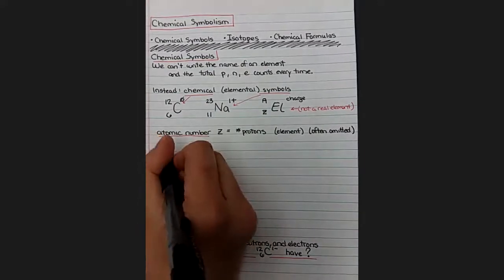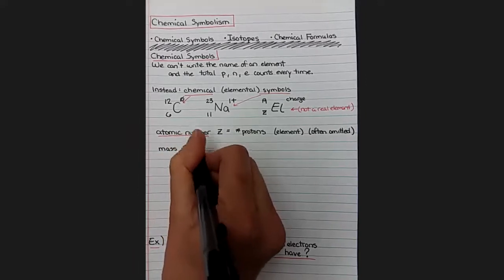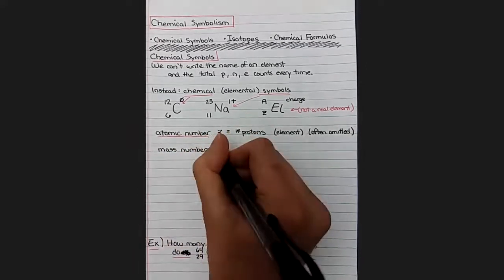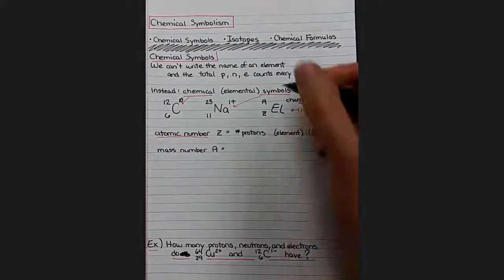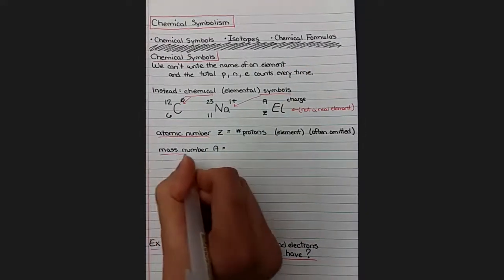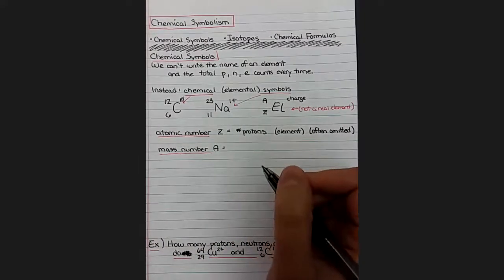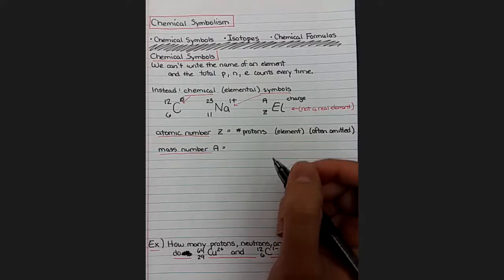So we'll move on to the number in the top left corner, and that is called the mass number, or sometimes it is called A when doing calculations with it. So the mass number represents how heavy an atom is, and as you remember, the only 2 parts that have an appreciable amount of mass are the protons and the neutrons.